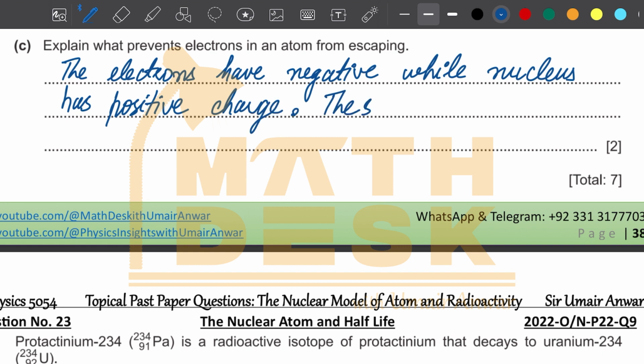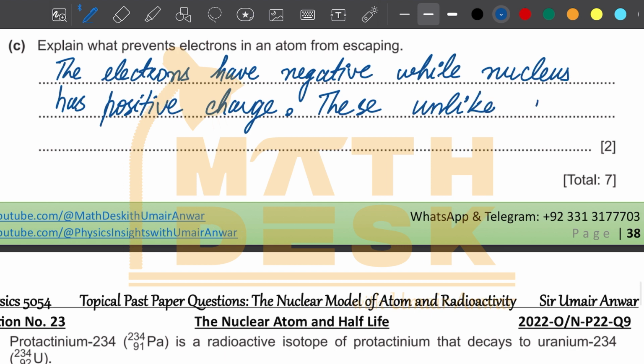These unlike charges attract each other. So it prevents the electrons from escaping from the atom.